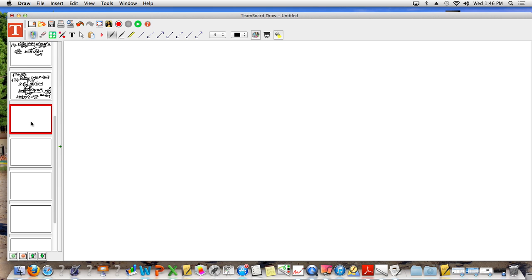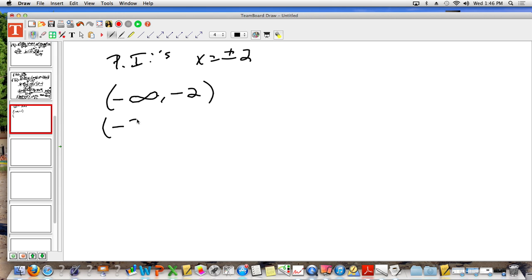We have critical numbers, which are PIs, at positive and -2. So the regions that we have to check are from -infinity to -2, from -2 to 2, and from 2 to positive infinity.